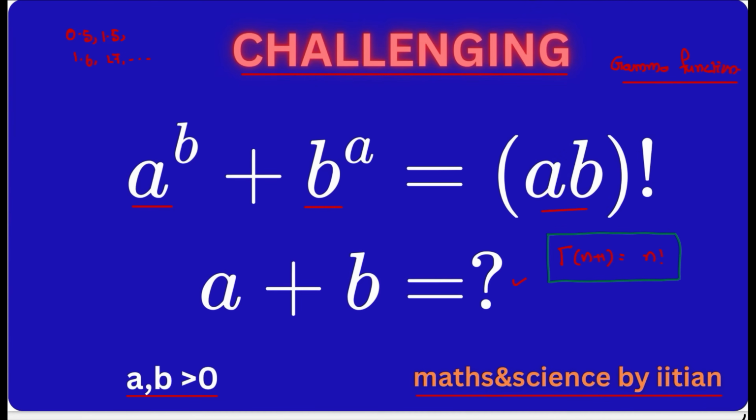That can be found out from the gamma function, and gamma n plus 1 is equivalent to factorial n. Now, let us proceed further for solving this question.